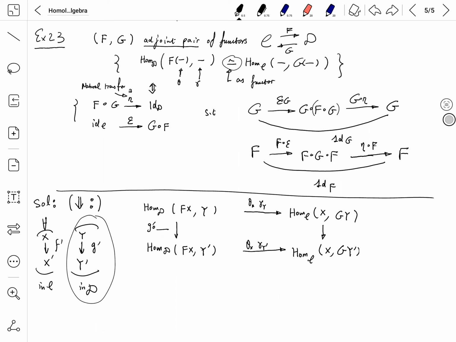We go from x to GY, GY to GY prime, so this is composing with g. Why bother calling it f prime, g prime? Let's just call it f and g.